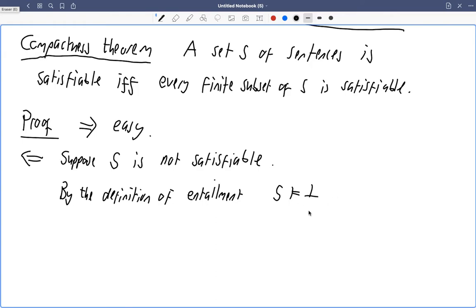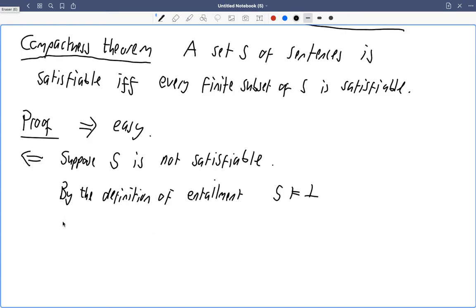Because entailment says if we have a structure that satisfies all the sentences in S, then the structure satisfies what's on the right-hand side. But since we don't have any structure that satisfies all the sentences in S, then vacuously it's true that any such structure satisfies what's on the right, because there are no such structures.